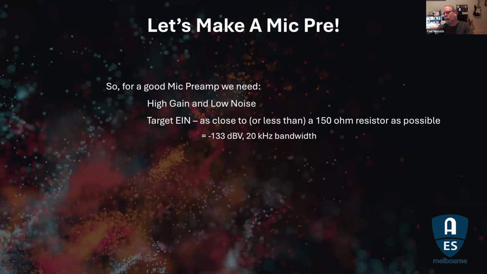The idea being that if you can get well below that number, your mic preamp will add effectively no noise to your microphone. That's as good as it can possibly get. We'll see how we do, but that number ends up being minus 133 dBV in a 20 kilohertz bandwidth. That's a good number to remember because that's kind of your gold standard.